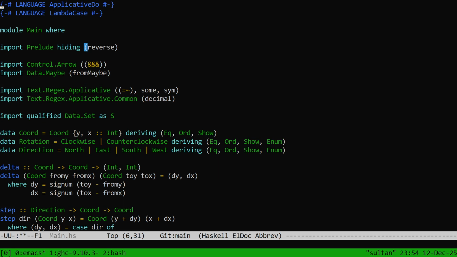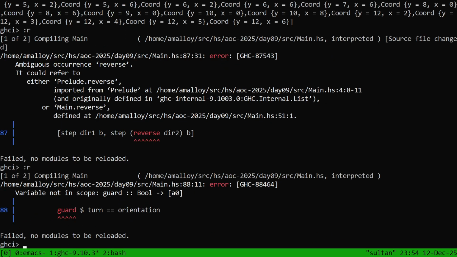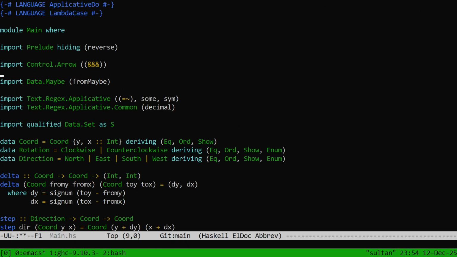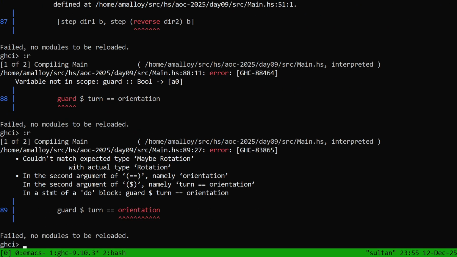Turns out it would have been convenient not to name a function reverse. I don't have guard. Usually I've imported guard by now, because I use so many monad comprehensions instead of list comprehensions. Good point.